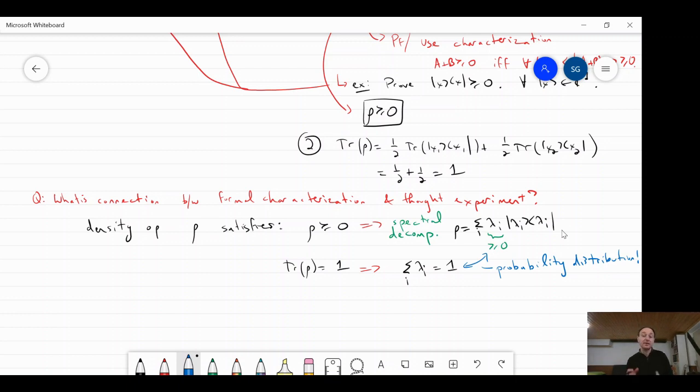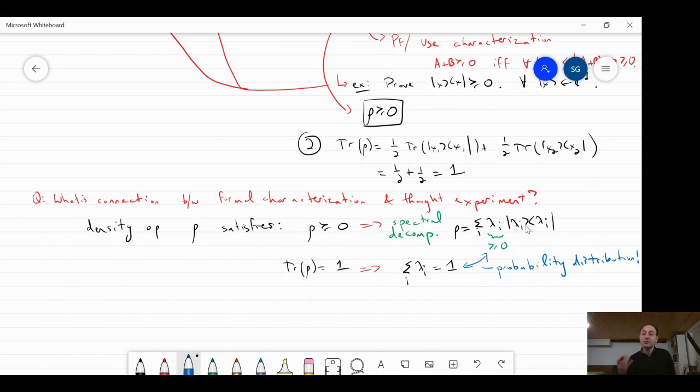So in this sense, density operators are kind of the most general description you can have, at least at the level of this course, and quantum states are essentially just probability distributions. If these were all the standard basis, you would be putting them on the diagonal. You'd have some classical distribution on the diagonal.